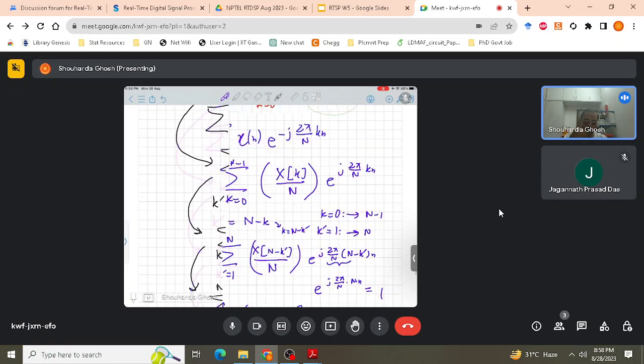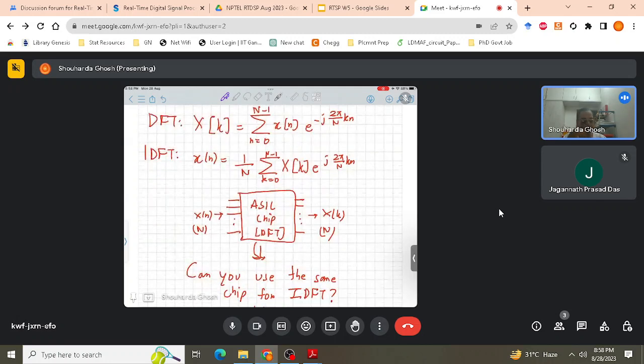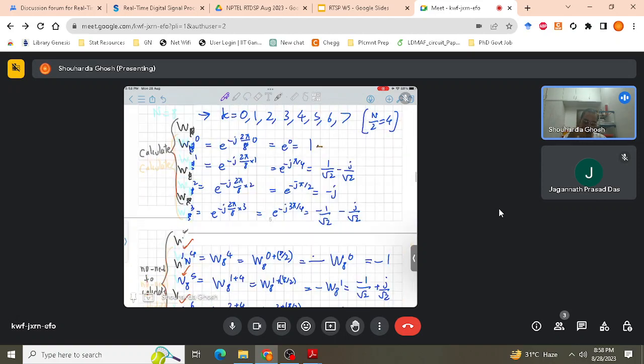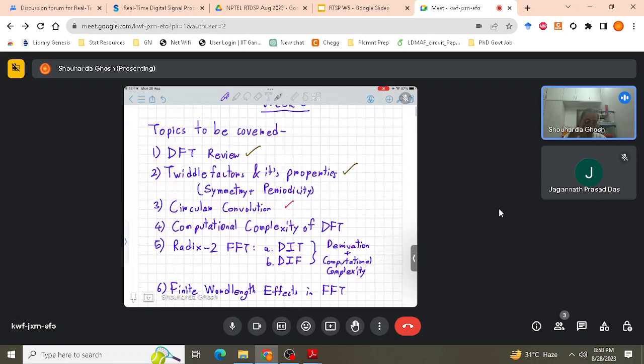Okay, so I got this question from Oppenheim's DSP book. Yeah, so what were we supposed to do? We were supposed to see the computational complexity of the DFT.